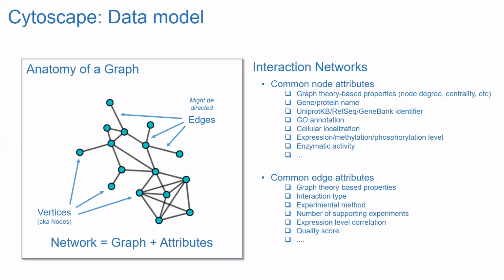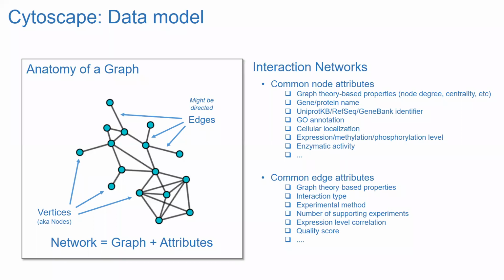Okay, so as long as there are things that you can hang on as attributes on nodes and edges, for every graph you can run in Cytoscape some sort of analysis of the network topology of connections, and this is going to give you a lot of numbers to attach to both nodes and edges.